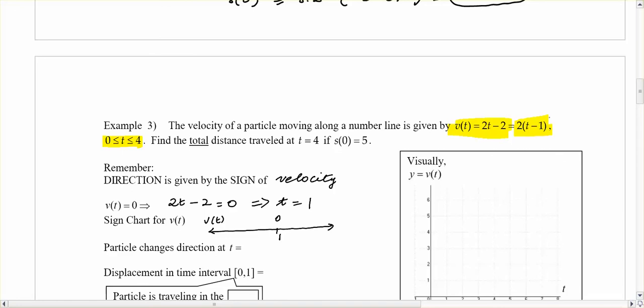And when t is bigger than 1, the velocity is positive. It's negative when you're less than 1. So we can see that we're going to change direction at t equals 1.